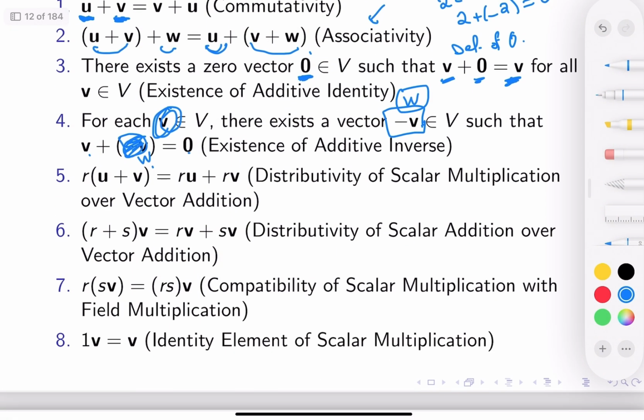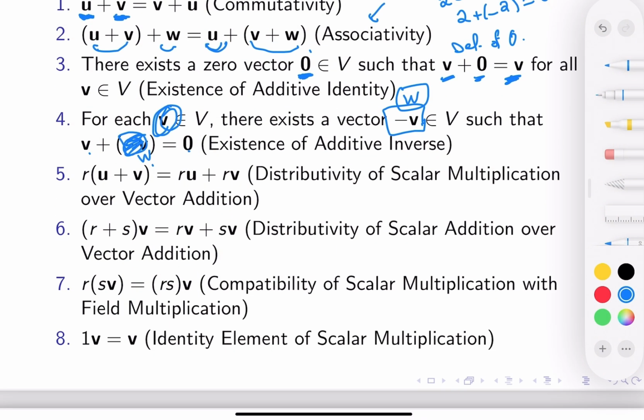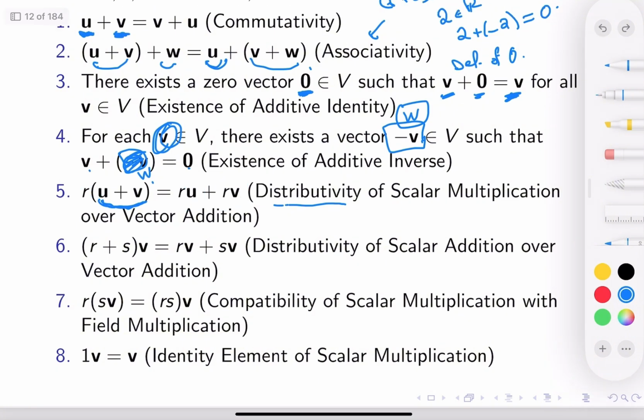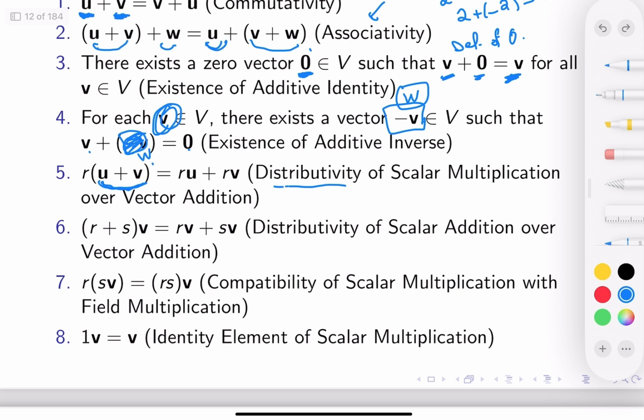The next property is what's called distributivity. What does that mean? This means that if you're adding two vectors and you scale that by R, it shouldn't matter if you scale first and then add. So scaling and adding are distributive. Let me give you an example.